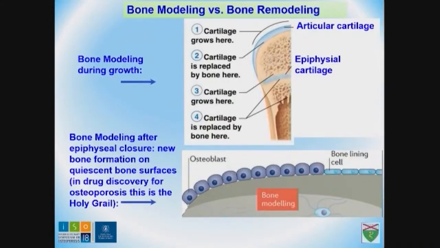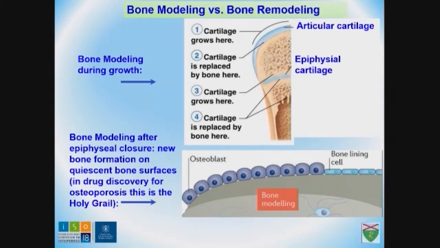So there are two very distinct processes that are involved in the development of the skeleton and then the process of renewal and repair of the skeleton. So during growth, when your bones are getting bigger and longer, the process is bone modeling.